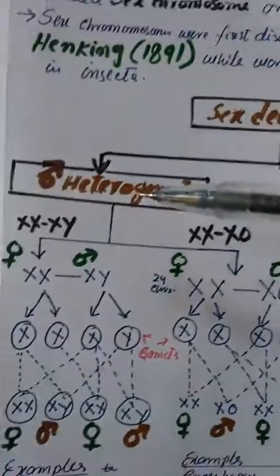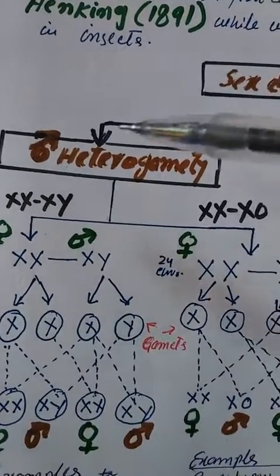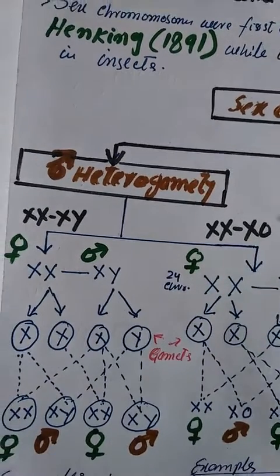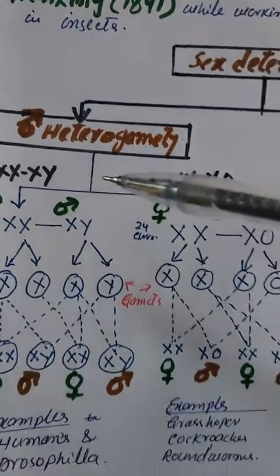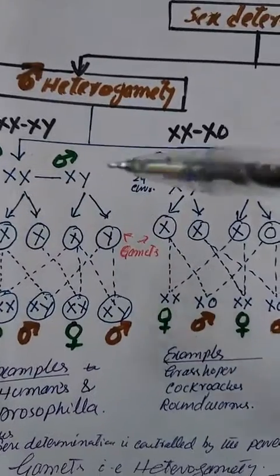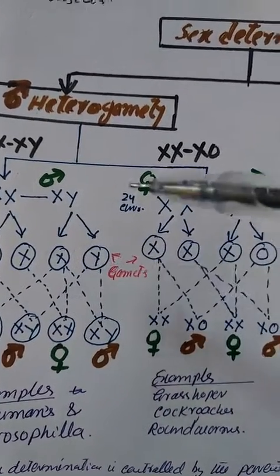First of all we will discuss the male heterogamety, which is seen in animals like Drosophila, as well as in human beings.